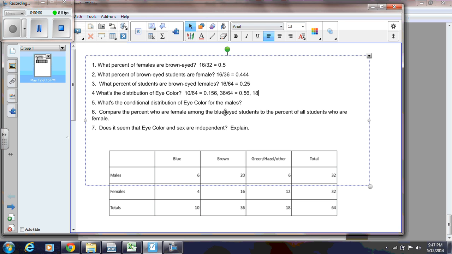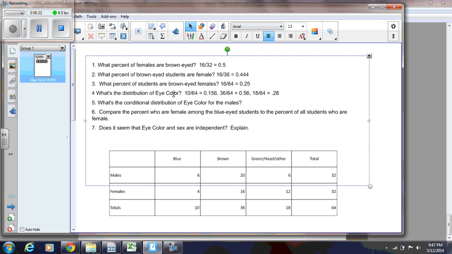And then 18 divided by 64, which equals 0.28. Okay, that's our distribution of eye color.